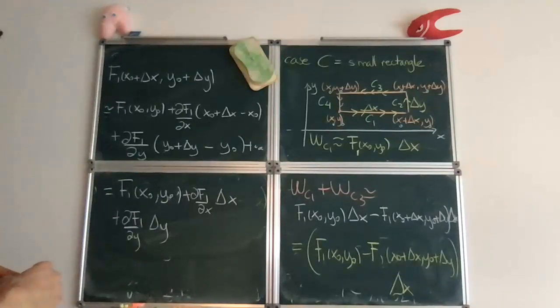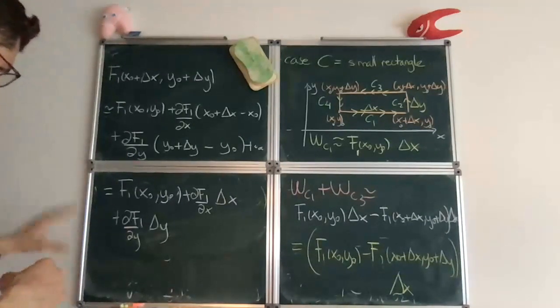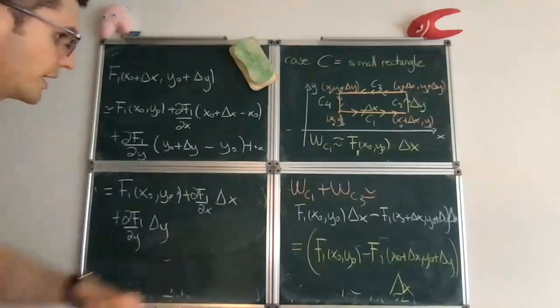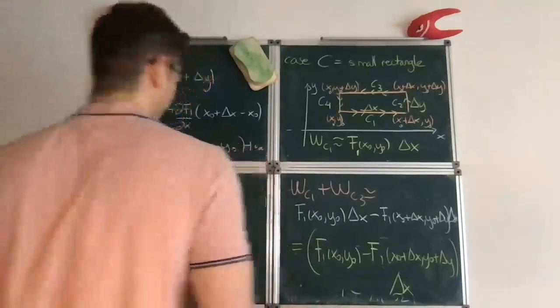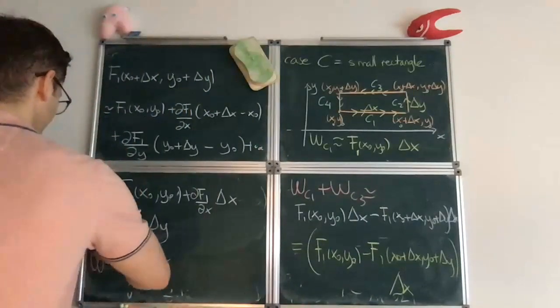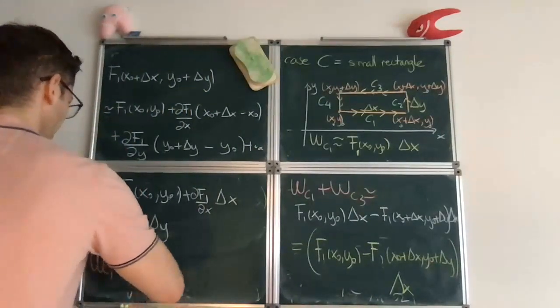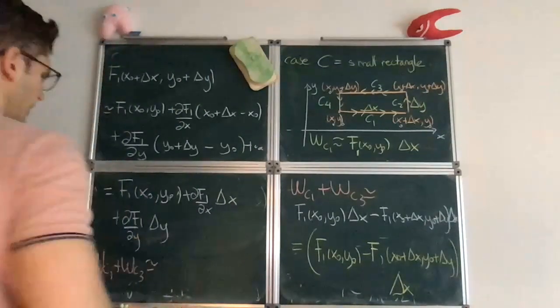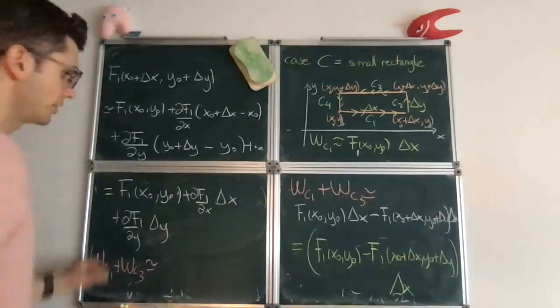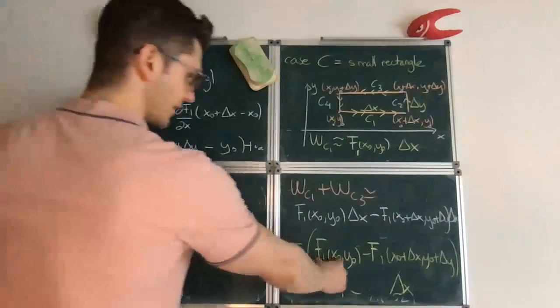And so if you substitute that in there, what this is saying is that the work along the first curve and the third curve is approximated by what? Well, it's approximated by this thing minus that thing.